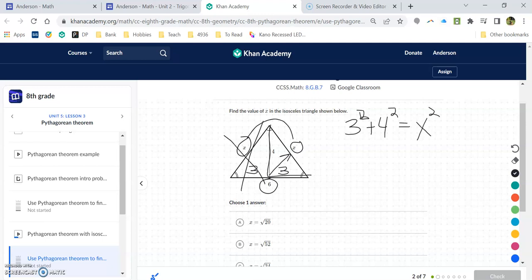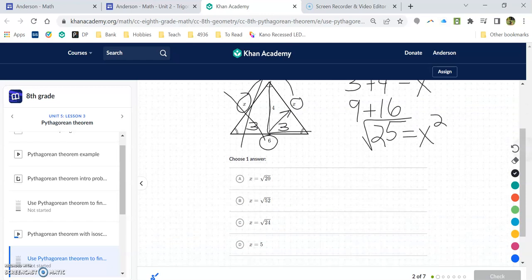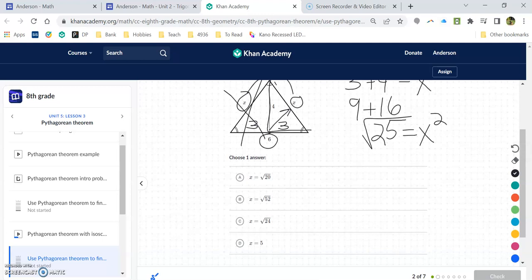So 3 squared is 9, 4 squared is 16, 9 plus 16 is 25. Square root both sides, the square root of 25 is 5. And we do not need to change that number because that's straight up our x, okay? Remember last time this was our x, we had to double that because we only found half of it.